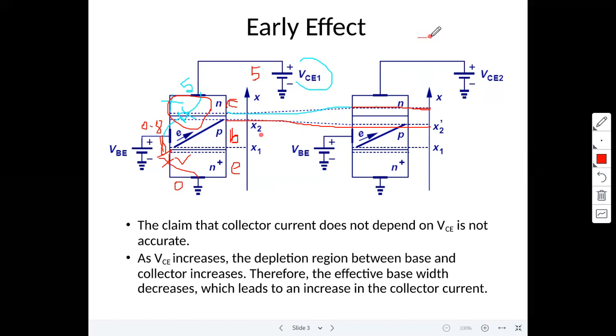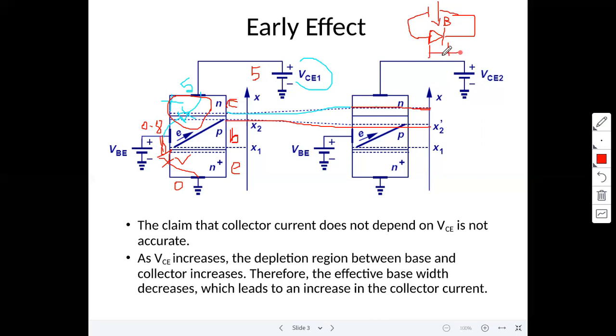Whenever we apply a reverse voltage across a diode, as we increase the reverse voltage, the depletion region width increases. Here the anode is connected to the negative terminal and the cathode is connected to the positive terminal. As we keep increasing this reverse voltage, the depletion width also increases.